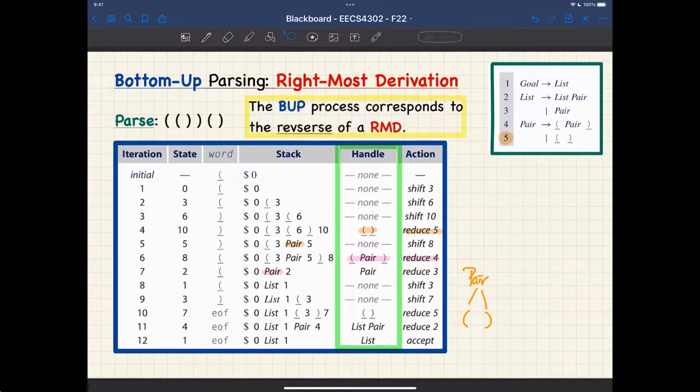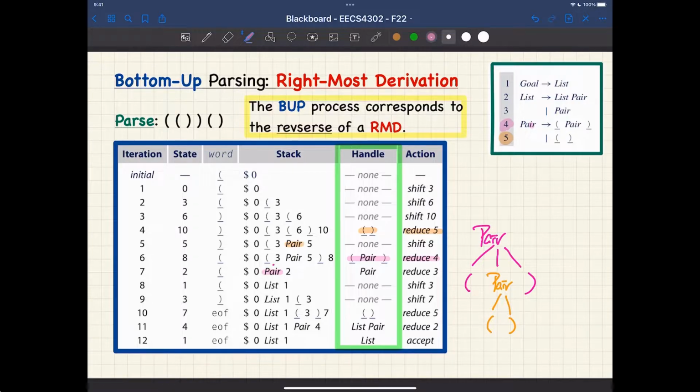And how do I draw that? Let me move this a little bit. That means we have read surrounding parentheses, and all three of them will be reduced into a pair using rule number 4, which is over here. So far so good.